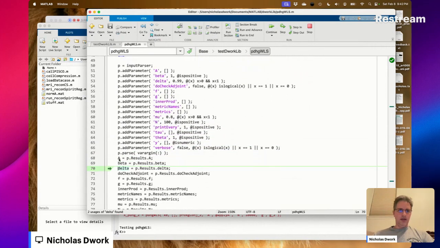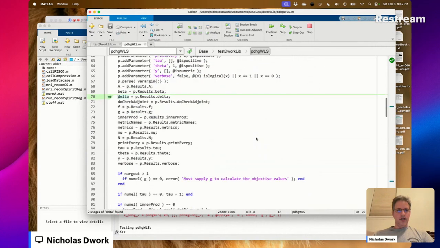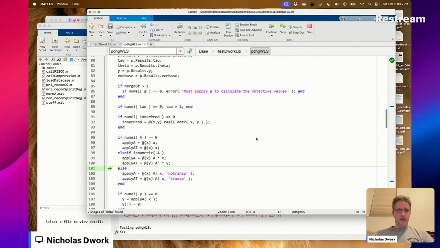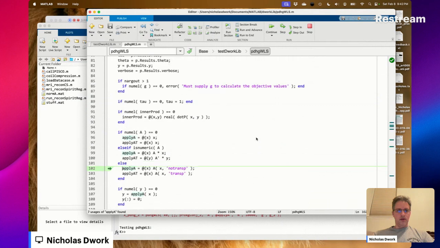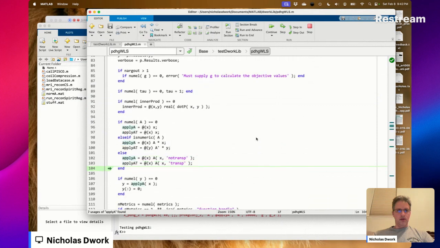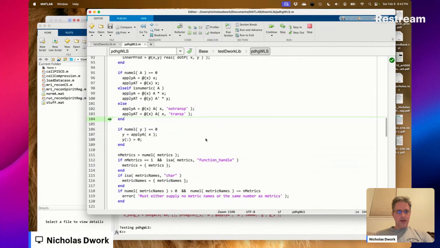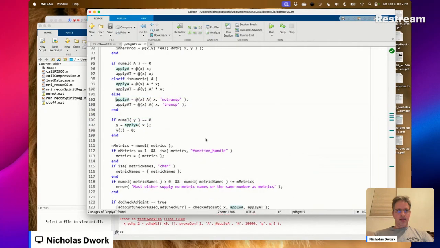What is A? Function handle to apply A. The fact that it's using the same name, is that bad?